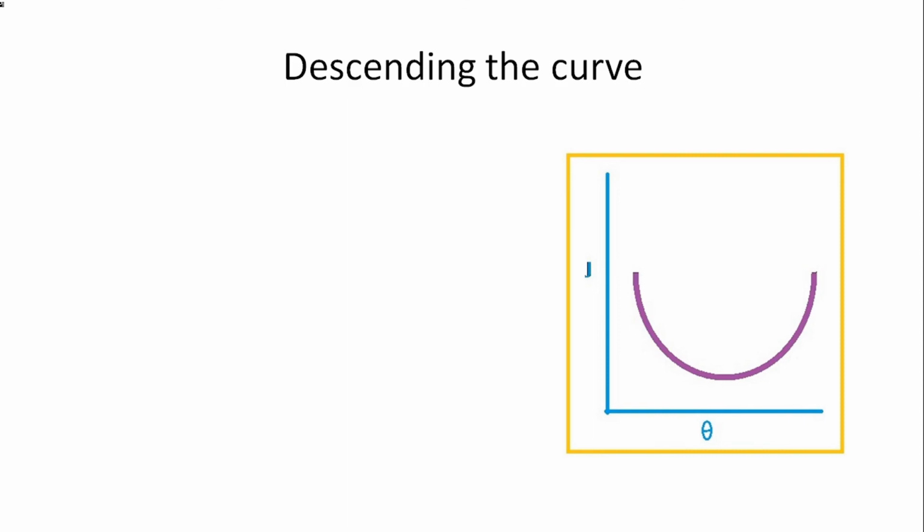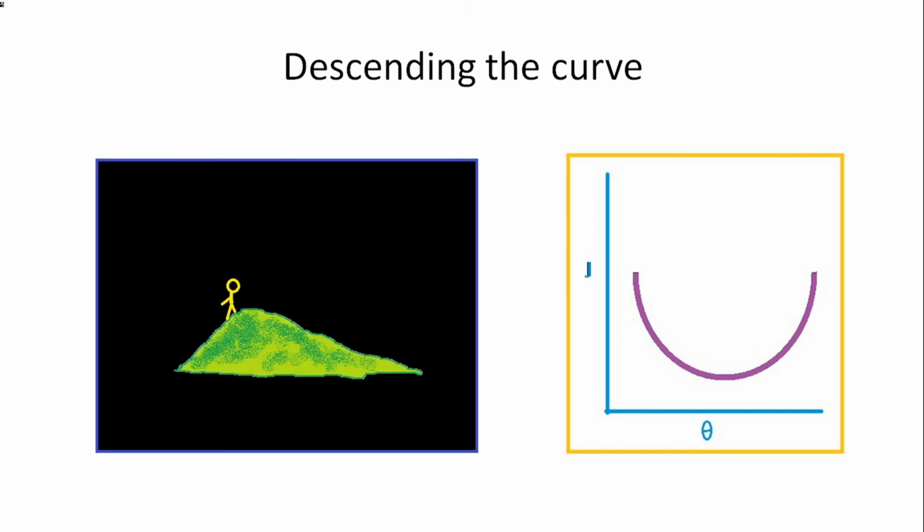Now we take small baby steps along the curve in order to reach the minimum of the cost function. You can compare this to an analogy where if you want to descend from the top of a hill in the fastest way possible, you will choose the side which has steepest descent. In the same way, we choose the direction for descending the curve of the cost function in which its value decreases most rapidly.